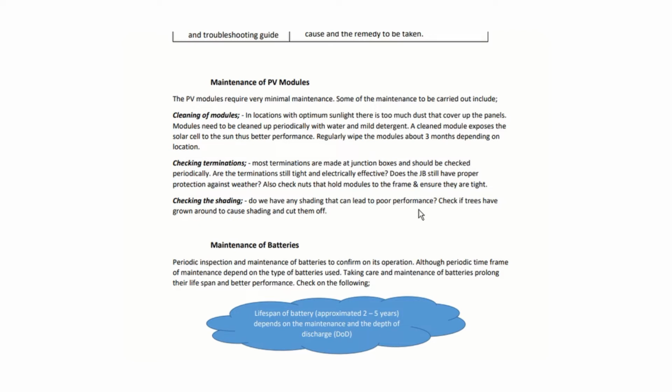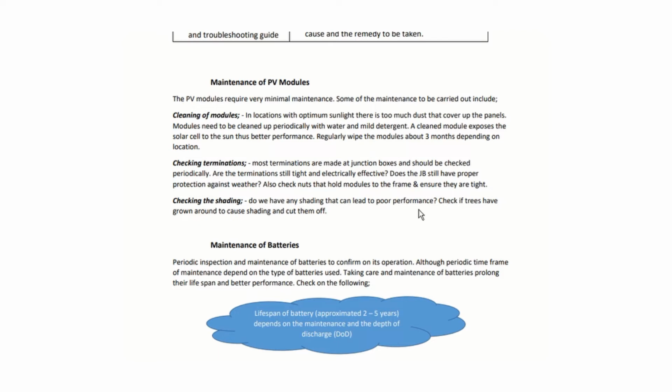Another thing you need to do when you are carrying out maintenance on modules or solar panels is checking the terminals. You find that terminals, as they continue working and with the changing environment, the wind, and the connections in the junction boxes, sometimes they loosen.